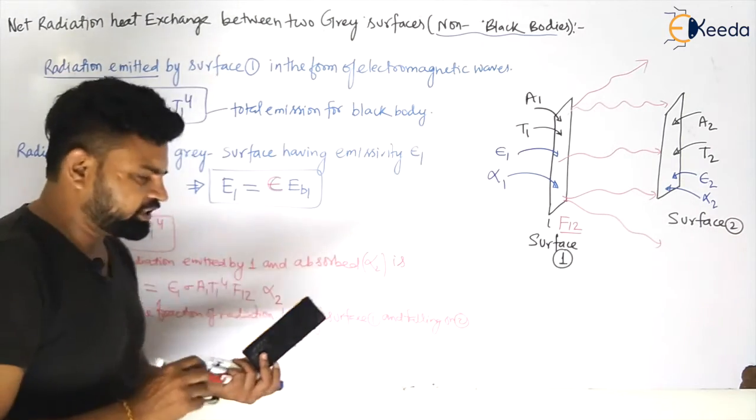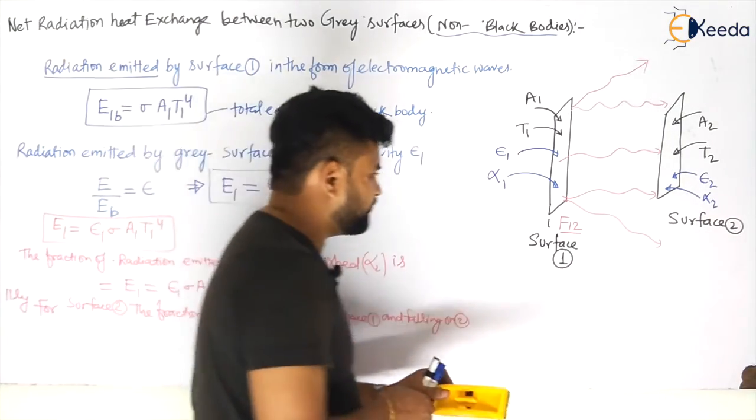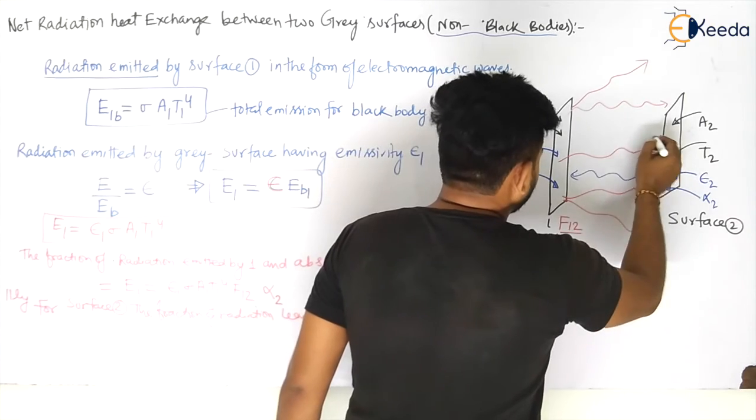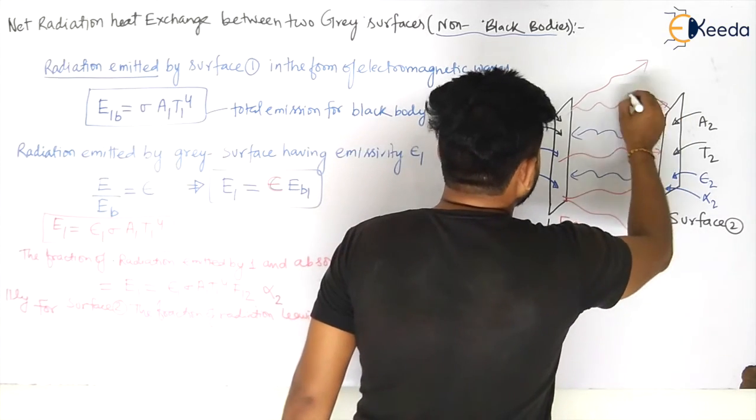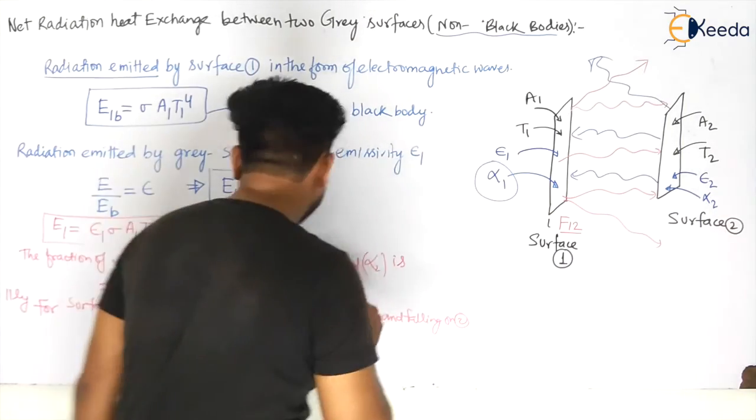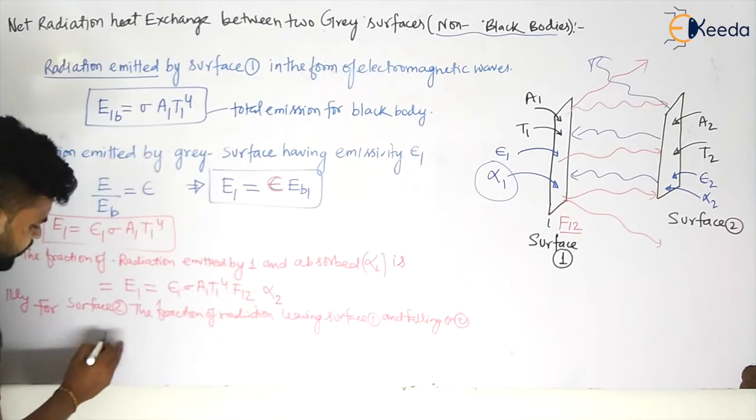So the fraction of radiation which is leaving surface 1 and falling on 2, can we calculate this? Yes sir, we can calculate. How? This is coming out from the surface 1 and falling on 2. So this is also having some absorptivity alpha 1, my dear students. Yes or no? So can I calculate the E2 directly now?